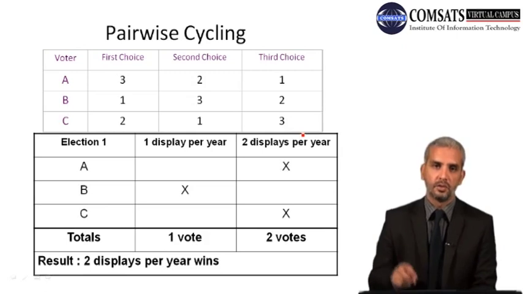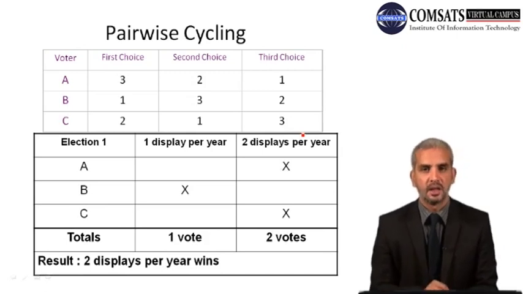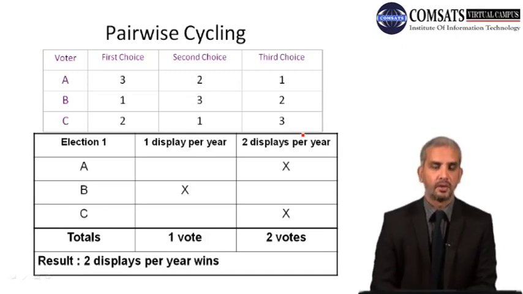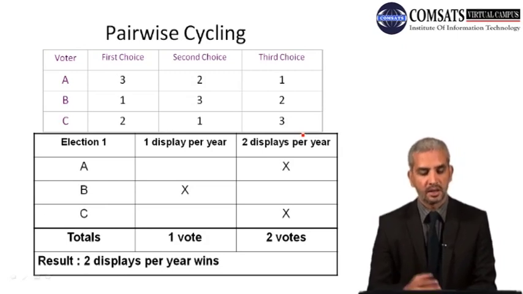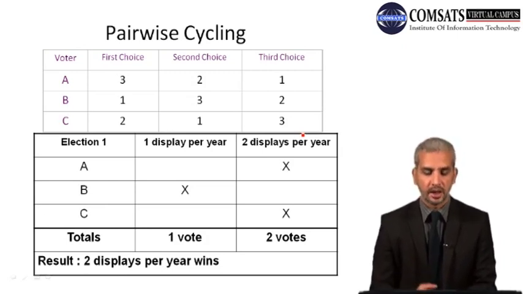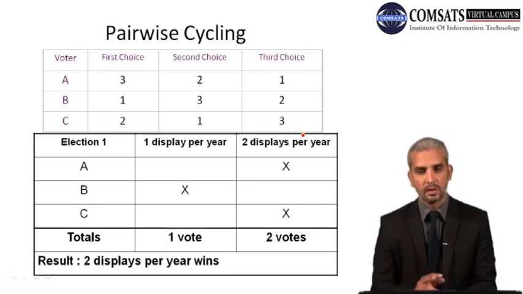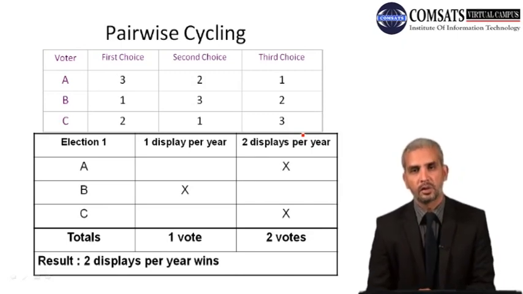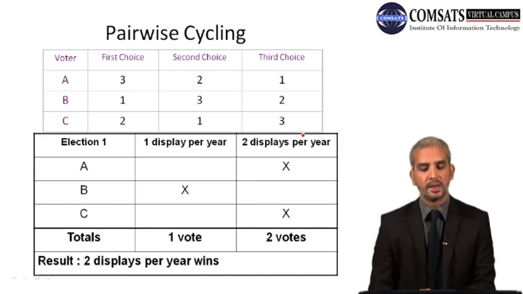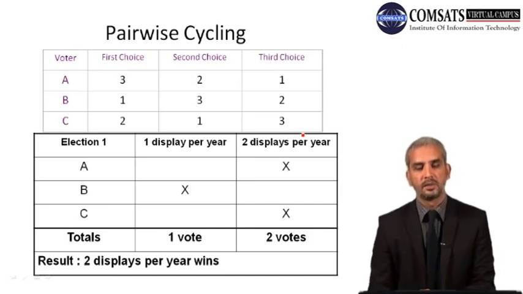Now what if we pair these up and ask those individuals to vote? They are supposed to vote based on the choices that we have extracted from them. In election number 1, the two choices put forth are 1 display per year and 2 displays per year.